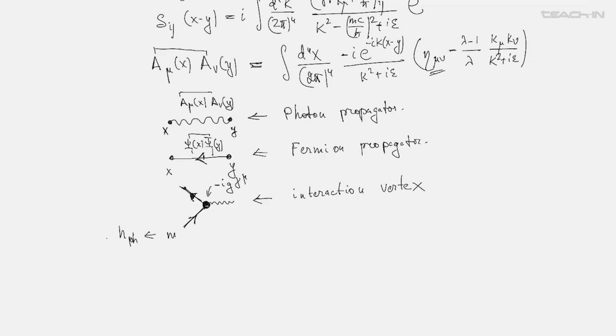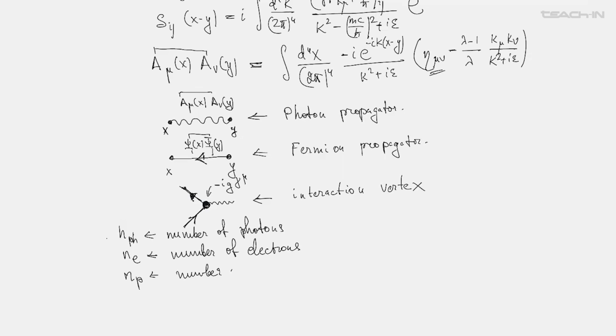Then external states might contain a certain number of electrons. And finally, you can also have a certain number of positrons, and p would be the number of positrons.